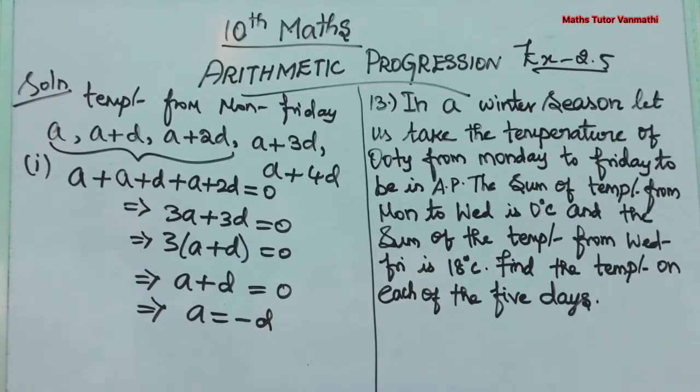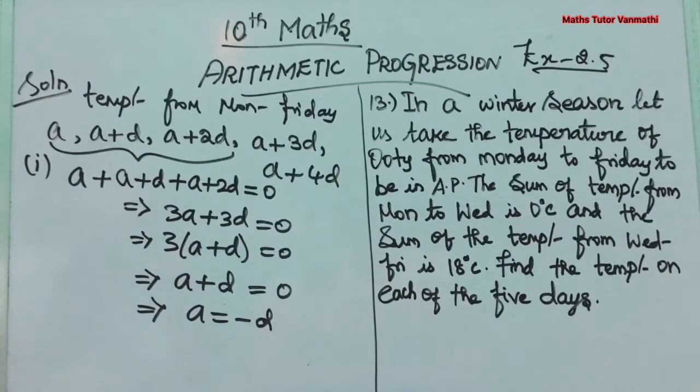The sum of Monday to Wednesday is A, A plus D and A plus 2D. Adding all these, and the degrees they have given is 0 degrees Celsius, so equal to 0. So we have 3A and D plus 2D, 3D. Taking 3 as common, you will get 3 into A plus D. From this, we get A plus D equal to 0, and from that we are deriving A is equal to minus D. Clear?